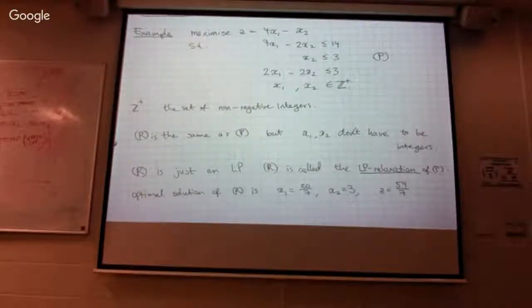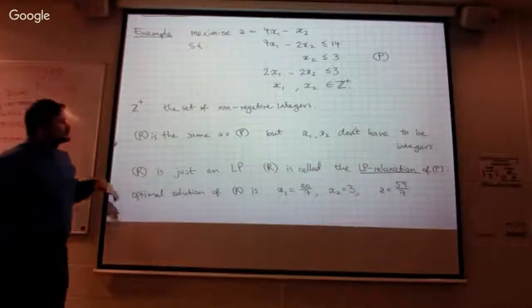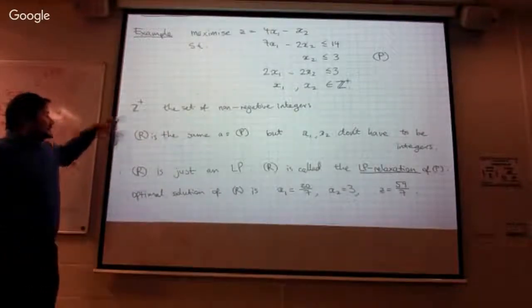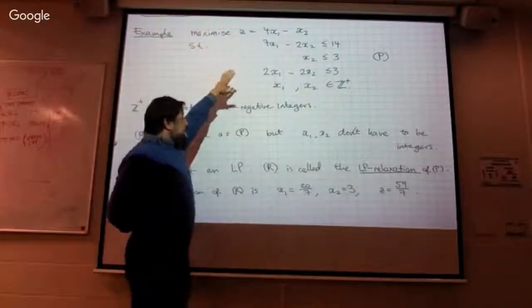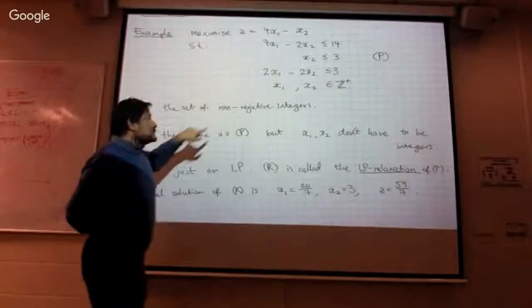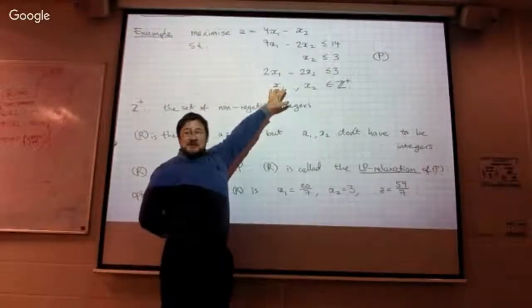Why not? Yes, you're right. But has everybody got the idea of that? Okay. We have two problems, P and R. P has all the same constraints as R, but on top of that, x1 and x2 have to be integer.